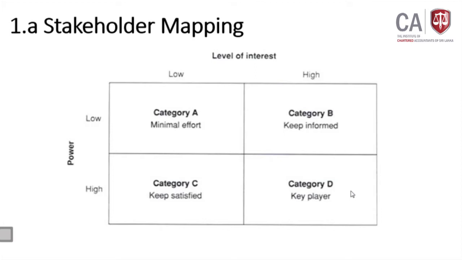So, first of all, we have to identify who is a stakeholder. So, who is a stakeholder? Stakeholder is any party who is having an interest about the business activities. So, stakeholder is normally having some sort of interest about the business activities.